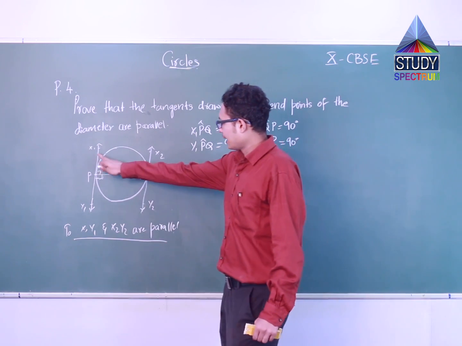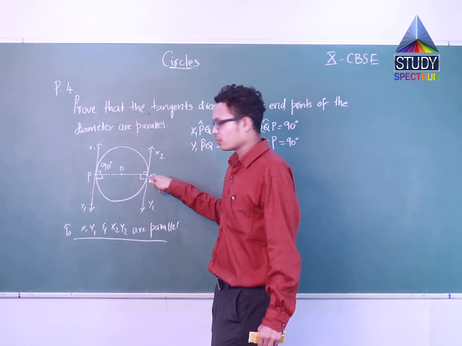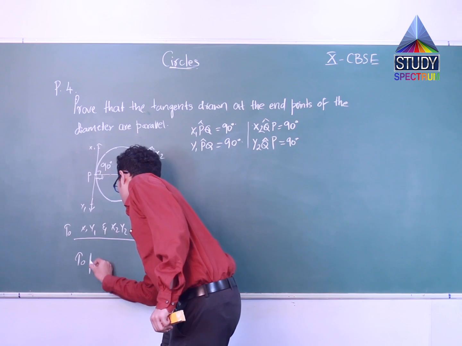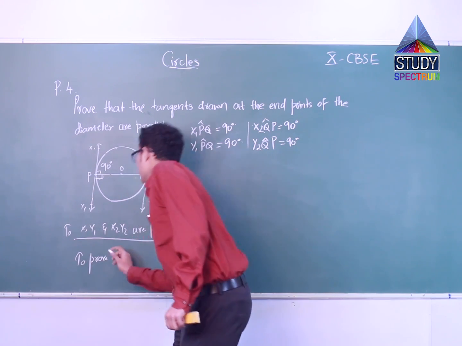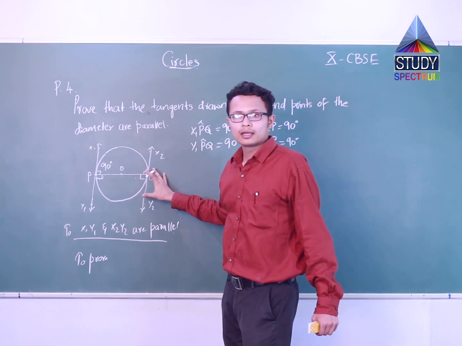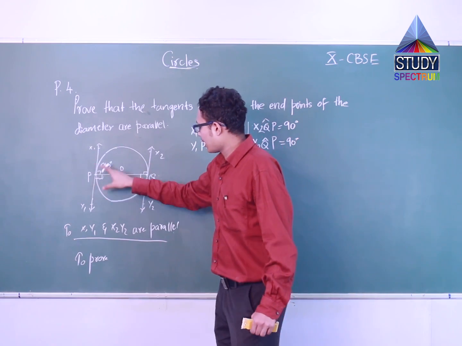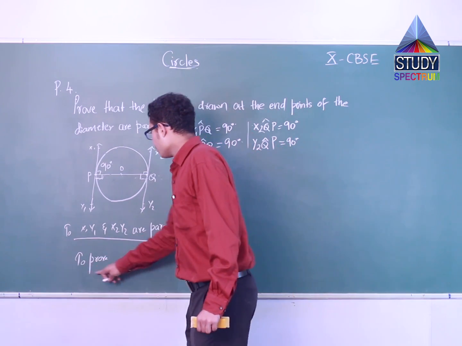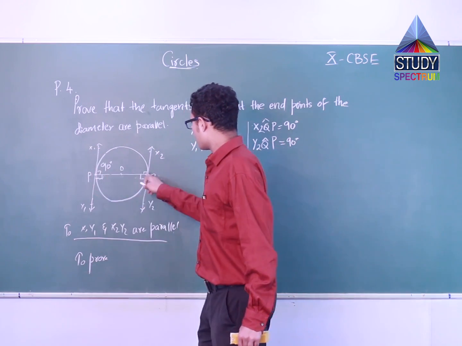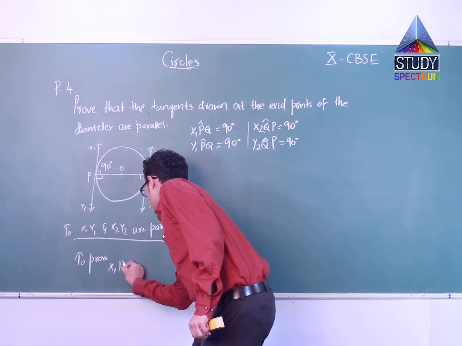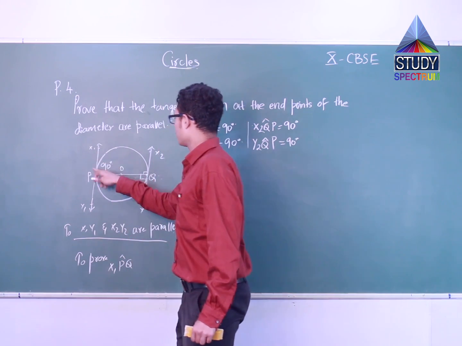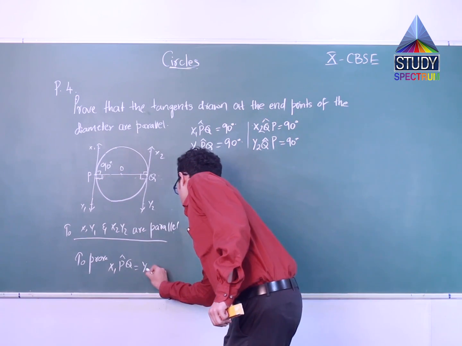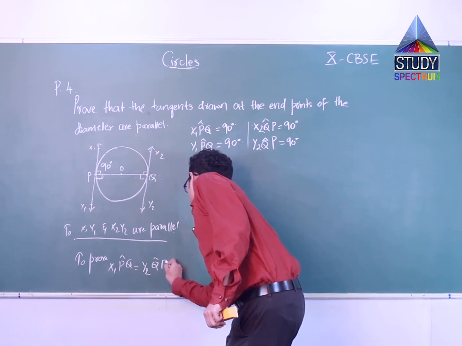So what did I have to prove? If alternate opposite angles are equal, then these two lines x1y1 and x2y2 will obviously be parallel. So I have to prove x1PQ equal to y2QP.